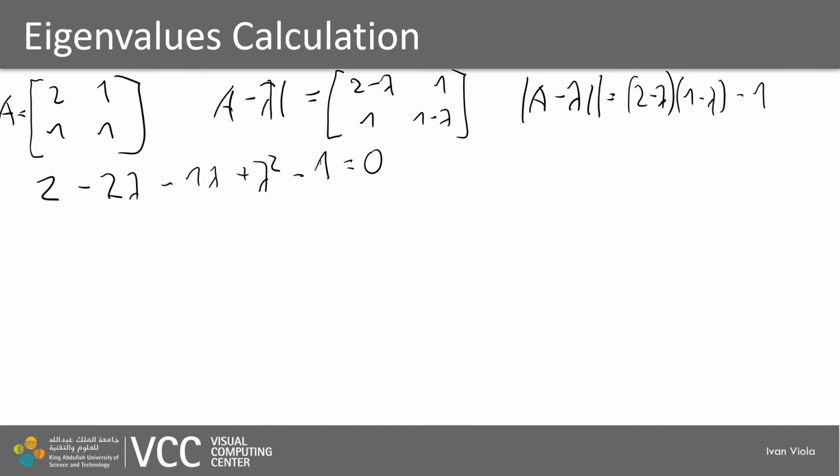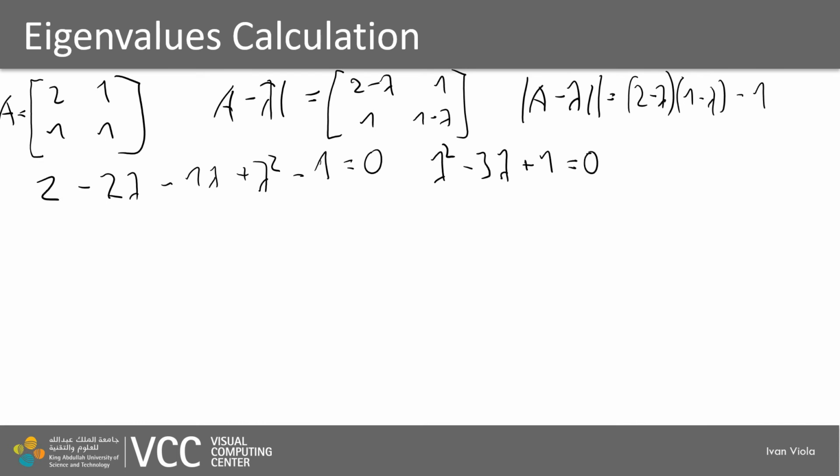And now look at it: lambda squared minus 3 lambda, 2 minus 1 is plus 1, should be equal to 0.